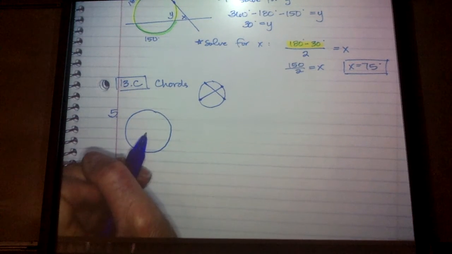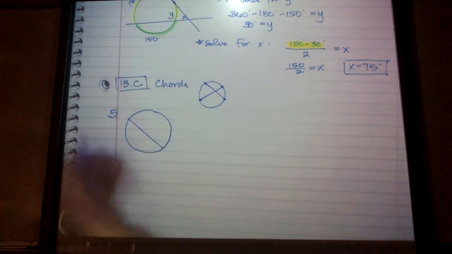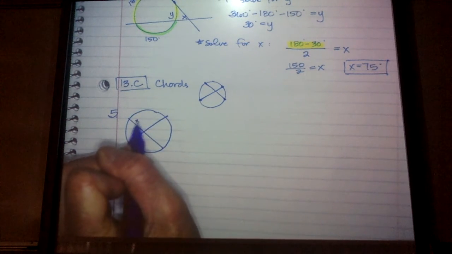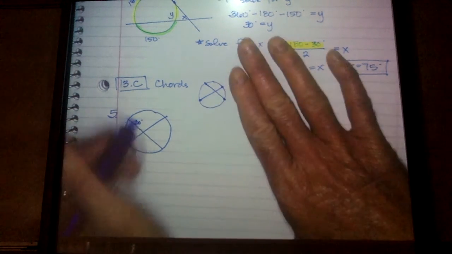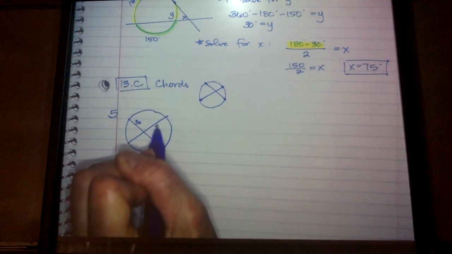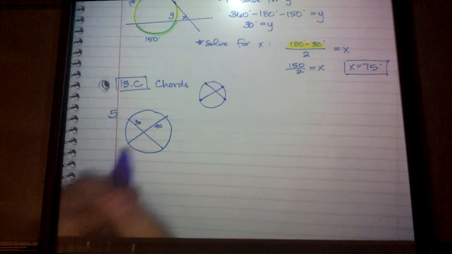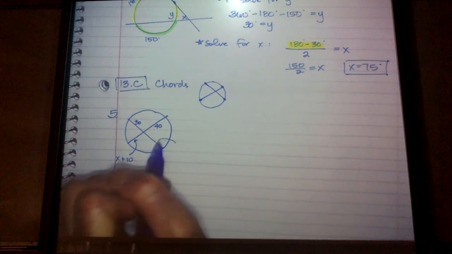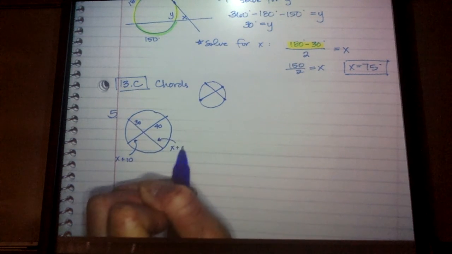If I have two chords that intersect on the inside, so if this segment is, whoops, that's not an angle. Sorry, out of habit I put the degree symbol. And this segment is 40. And this here is x plus 10. And this one here is x plus 20.